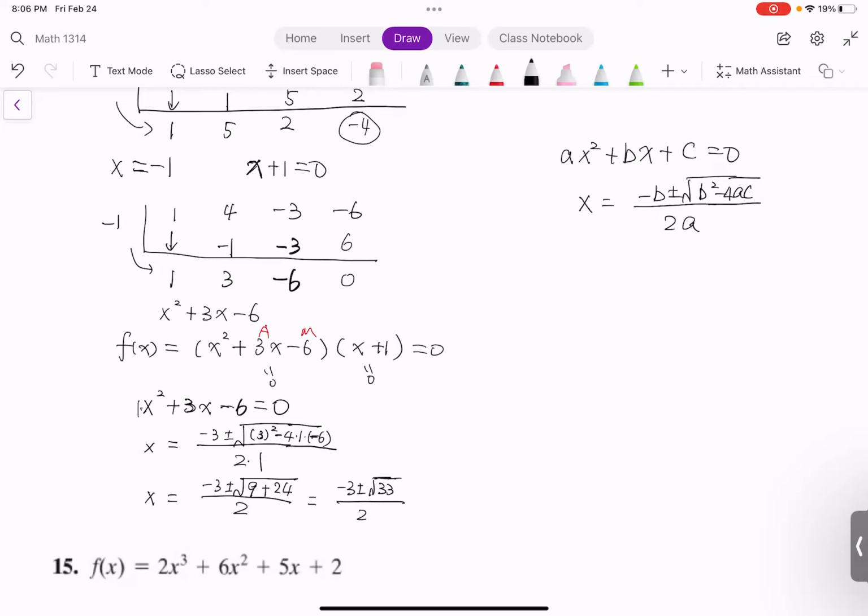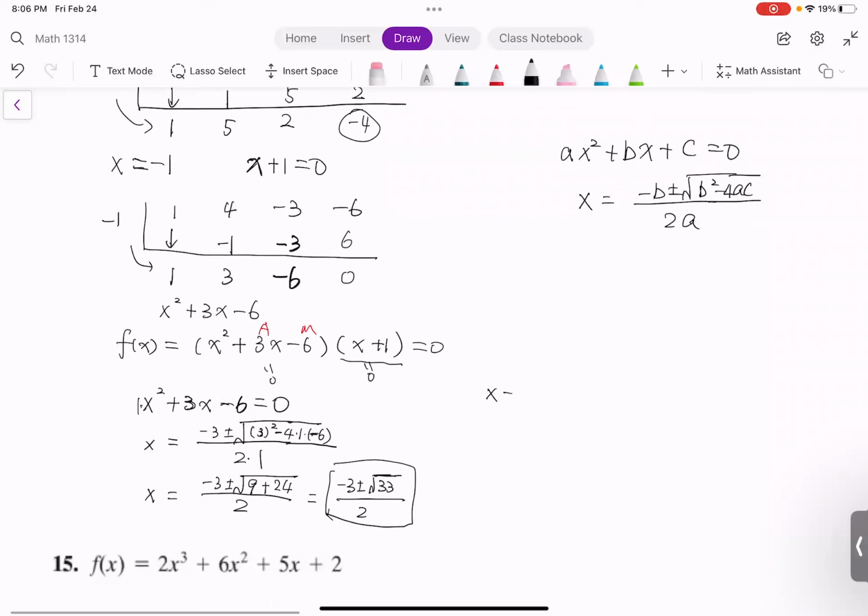Can I simplify this square root of 33? Or can I simplify this fraction? No. I have no way to simplify that. So this one are the 2 zeros of the function f. We cannot miss another factor, x plus 1 equals 0. Solve it, x equals -1.